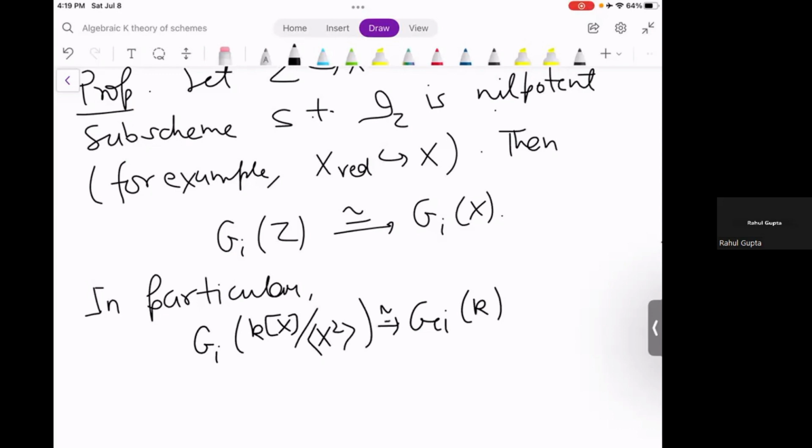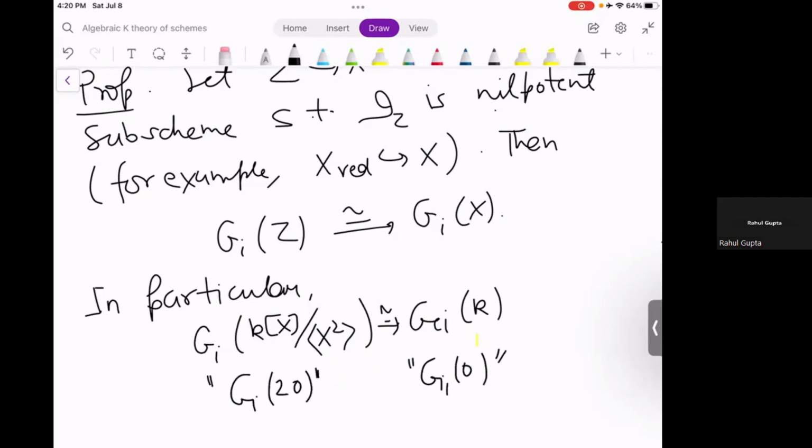If I take a thickened point, which means a point with some kind of thickening around it, like these dual numbers, and take their G-theory, G-theory is not able to differentiate between this thickened point and a point. So if you want to write it as schemes, this is kind of G_i of k[t]/(t^2), and this is just G_i of k, vaguely speaking.